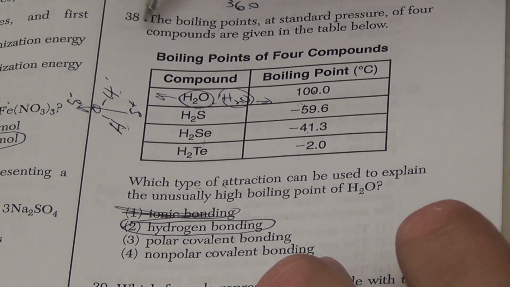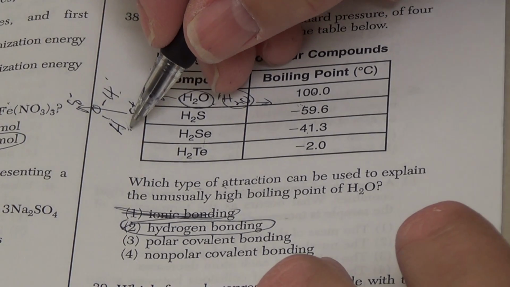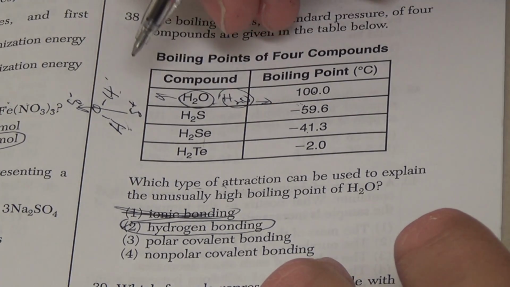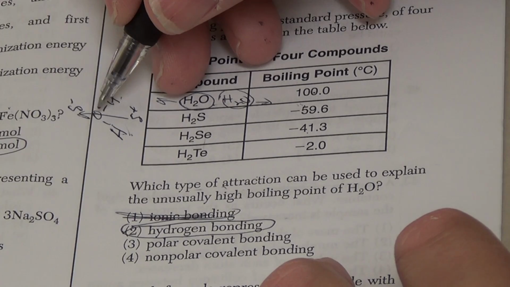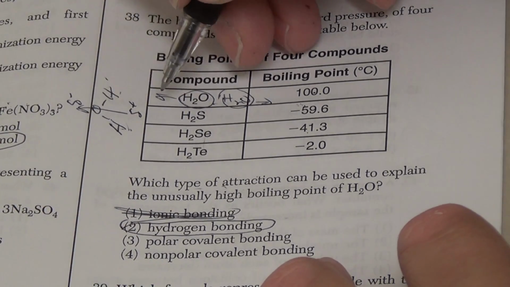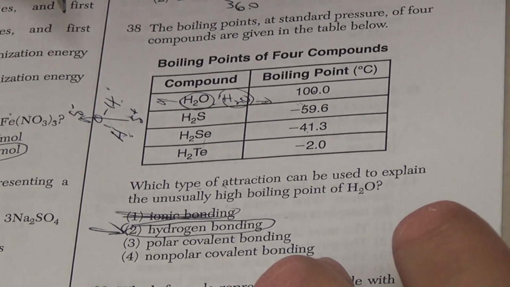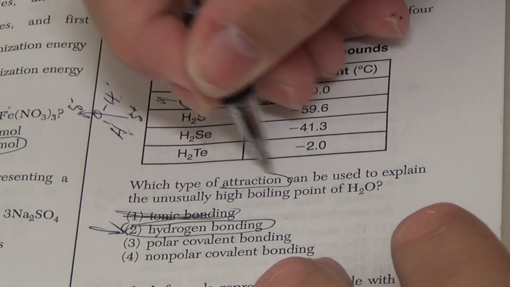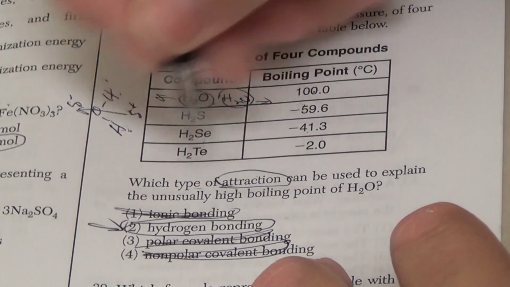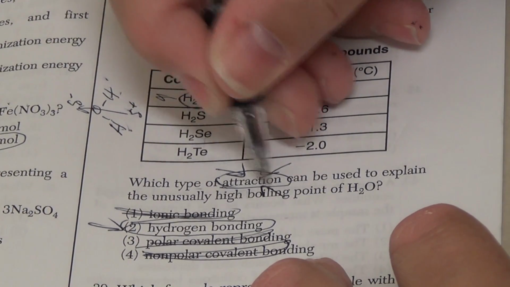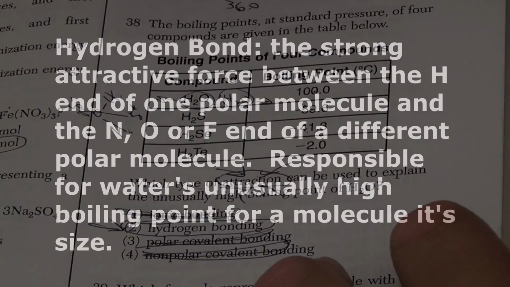And we call that attractive force between the H end of one molecule and the nitrogen, oxygen, or fluorine end of another molecule hydrogen bonding. It's the only kind of attractive force that you're going to be responsible for knowing the name of.